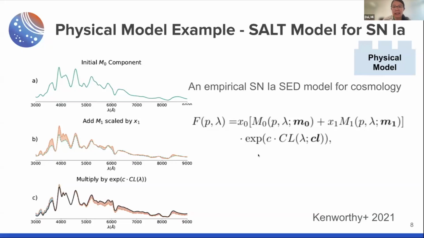This is a model called SALT, which is basically an averaged spectral sequence for a typical Type Ia supernova plus some variations summarized in these two components, M0 and M1, and also one color law component that would apply to the SED and characterize the color variations in a supernova.